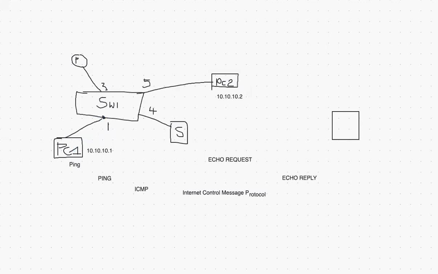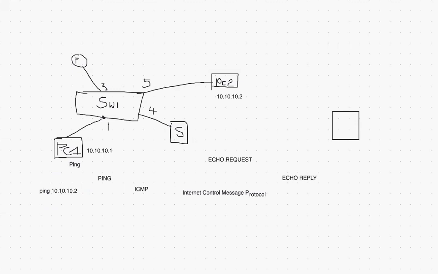So what I'm going to do is go to the control panel, type CMD, go to the terminal, and type ping 10.10.10.2. So when I run this command on PC1, it does not know what 10.10.10.2 is.